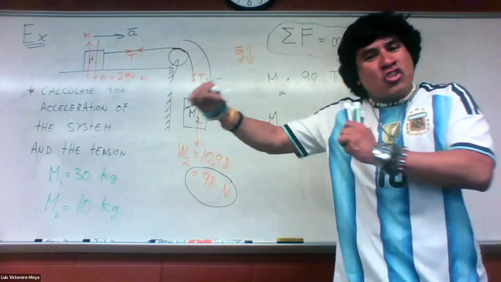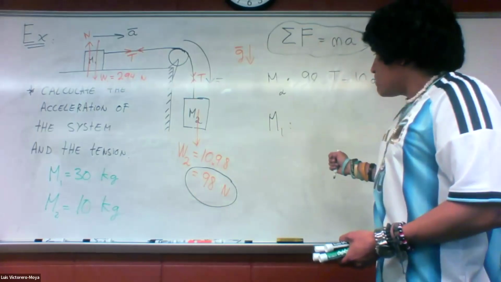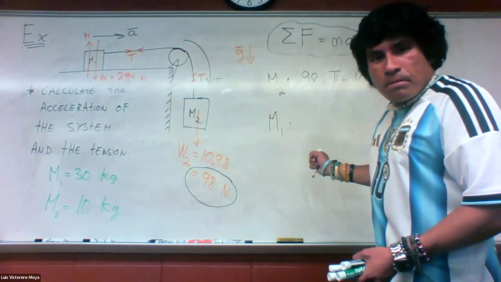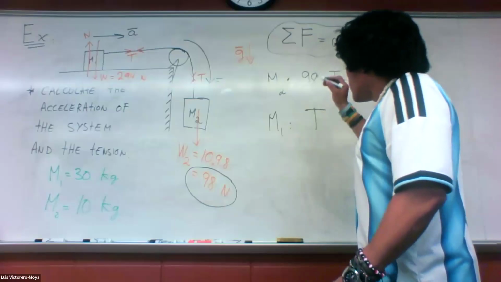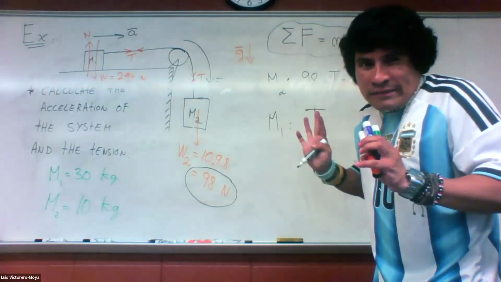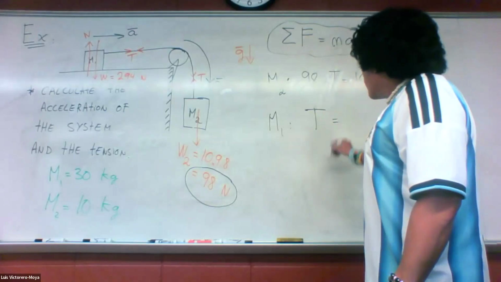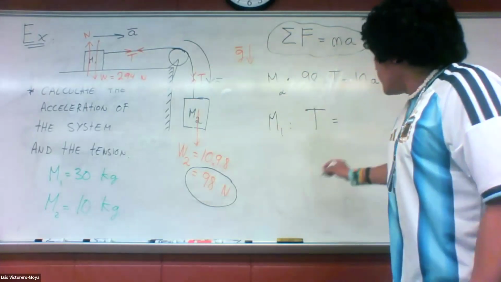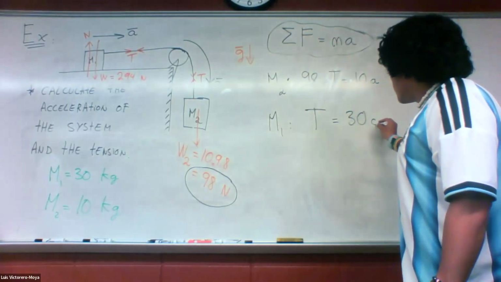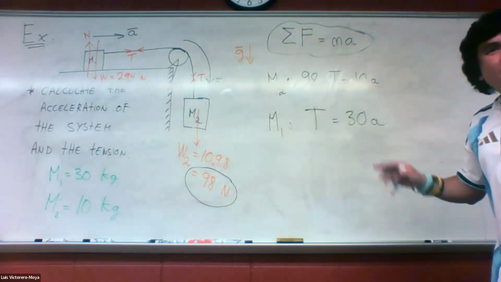Why? What's pushing or pulling M1? Tension. That's the net force. There's no friction, so that's it. That's equal to mass M1 times acceleration. There you are. That's the physics.